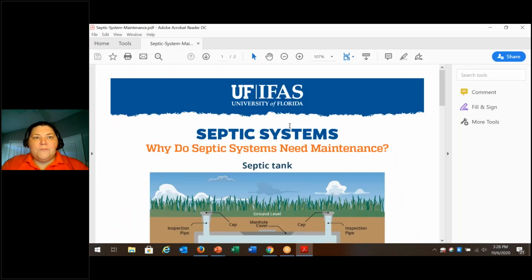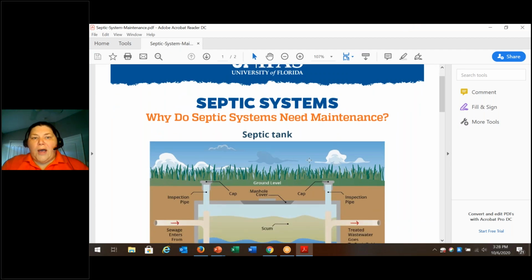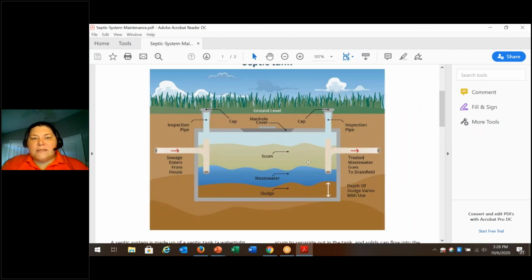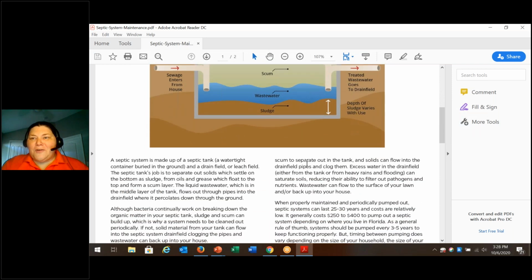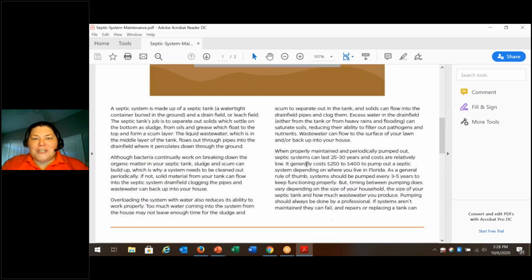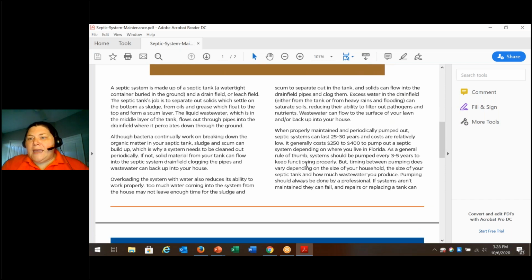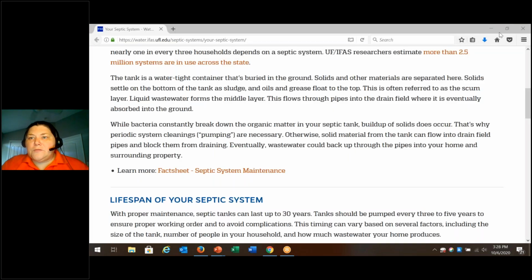Here we go. All right, so this just gives you an idea here of, why do septic systems need maintenance? And so we worked with some graduate students, had them develop some of our illustrations for us, but we've tried to really lay out the groundwork of why this is important information and why it's so critical overall for folks to be using the toolbox at the same time to educate themselves.